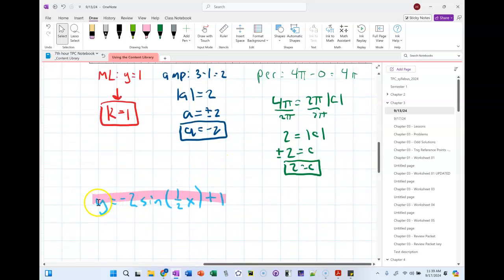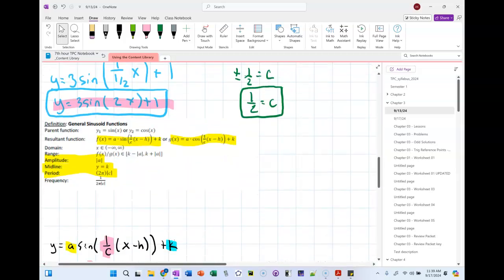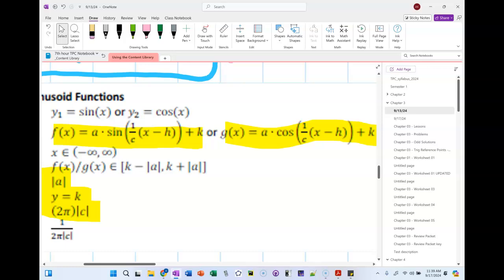So I wrote y equals negative 2 sine of 1 over 2 x plus 1. Is everybody okay? So again, all I'm doing once I figure out my A, C, and K is plugging them into the appropriate equation, whether it's sine or cosine, depending on what I saw in the picture.